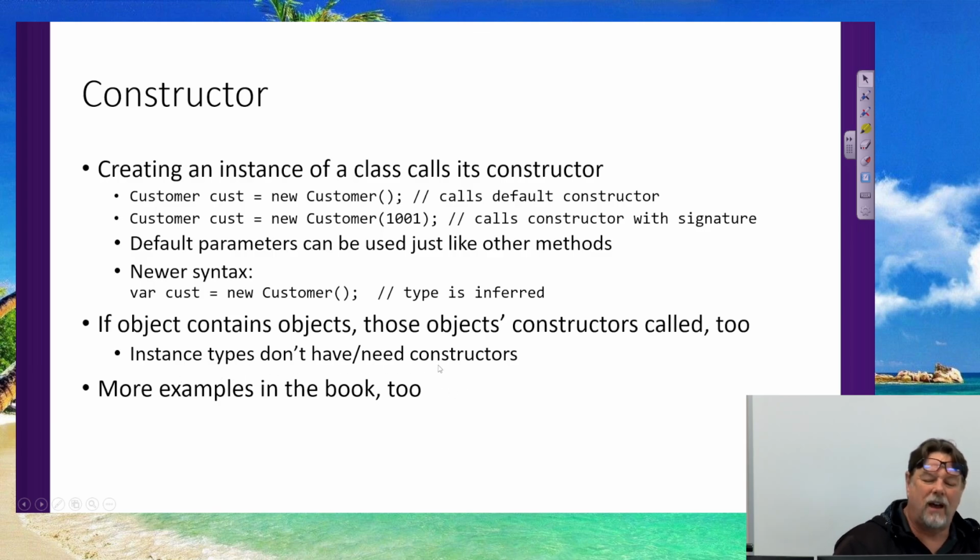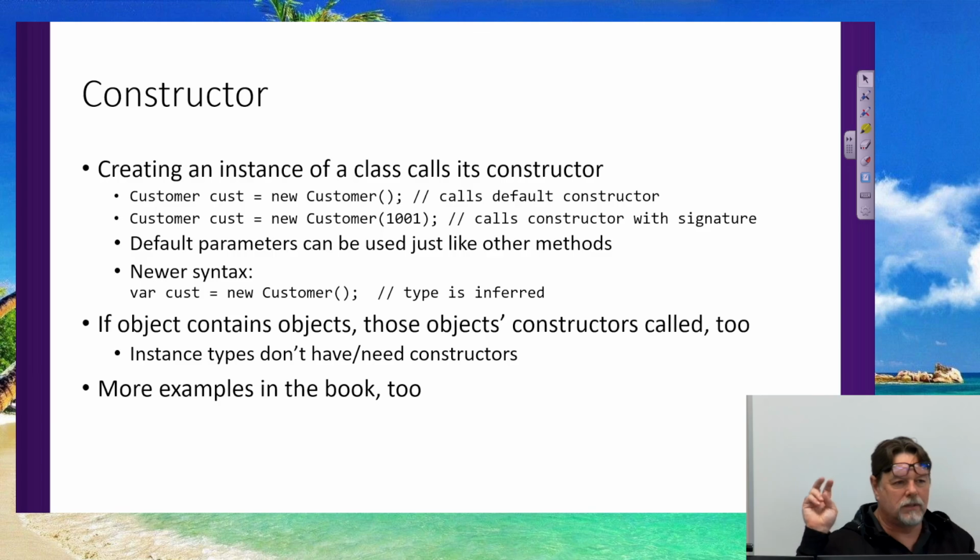The little caveat here, the book goes into this too in some detail, so I mention it. When you're talking about an int or a float, those are value types. Remember we talked about the by ref and the by value last time? If you're passing an int, there is no by reference when you're just passing an int. You're just passing a copy of it. It's a value type.